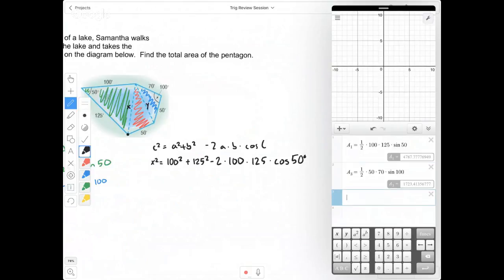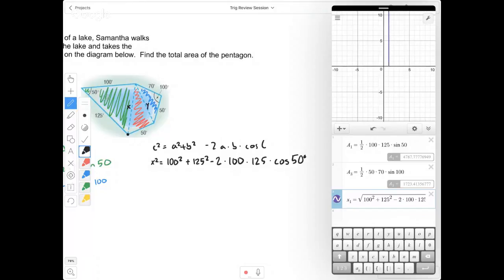So x1 is equal to the square root of 100 squared plus 125 squared minus 2 times 100 times 125 times the cosine of 50 degrees.